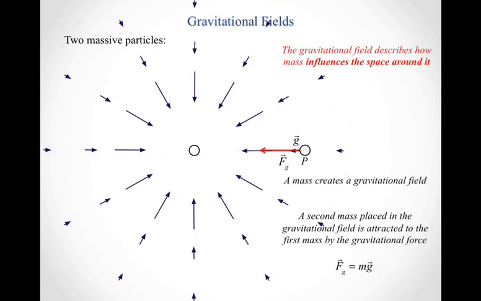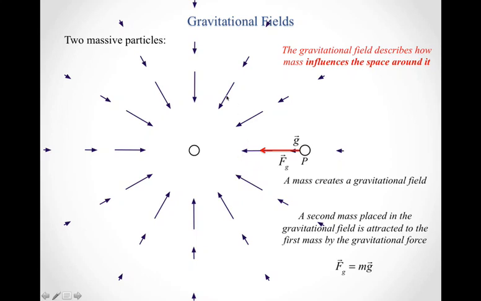And so fundamentally, what that gravitational field describes is how mass influences the space around it. As you can see, just from looking at these vectors, as your particle gets closer, that gravitational field gets stronger. As it moves farther away, that gravitational field gets weaker.